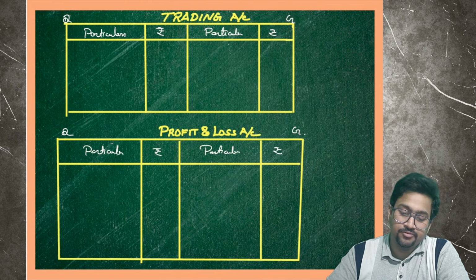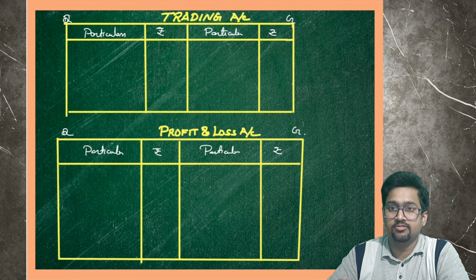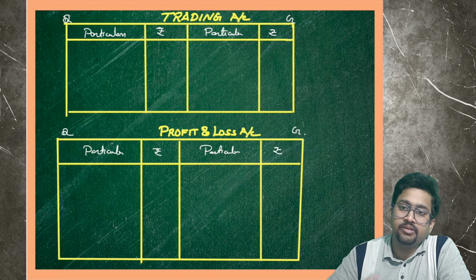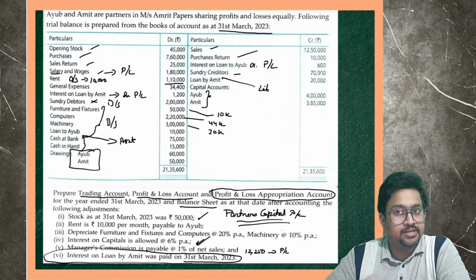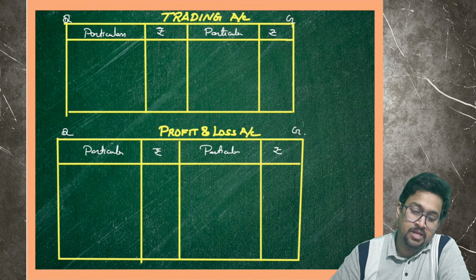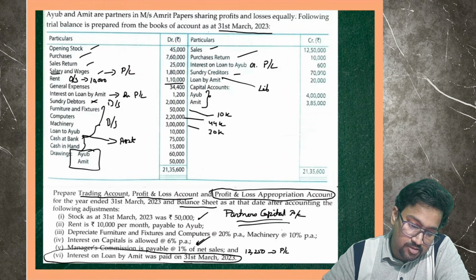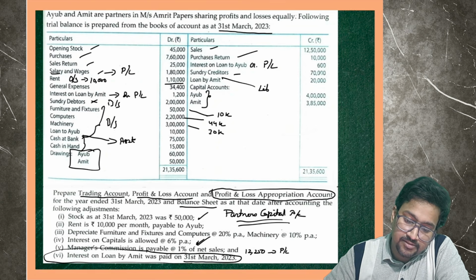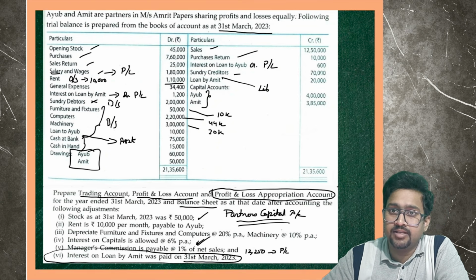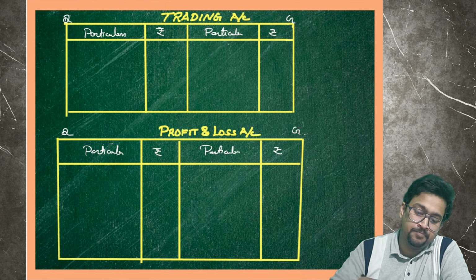The formats for the trading account and the profit and loss account are already given here. All the accounts that we have seen, we just have to place in the correct place. Let's start with opening stock, purchases, then we have sales, purchase return and sales return. Apart from that, nothing else is given for the trading account.